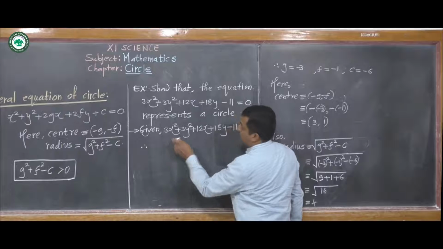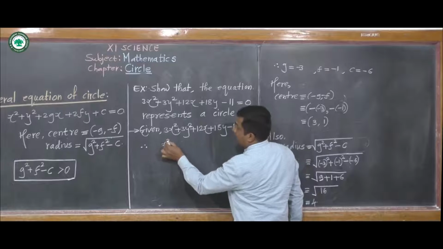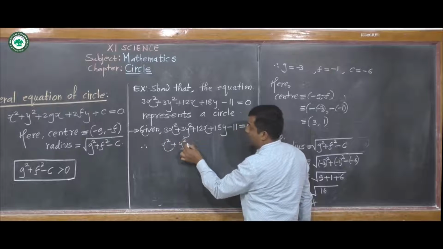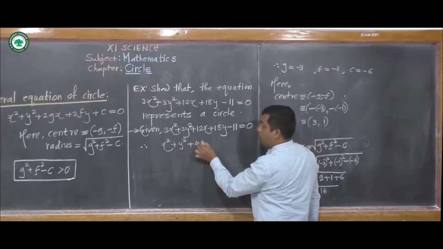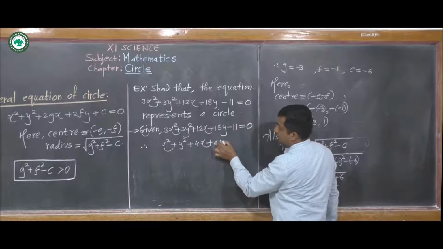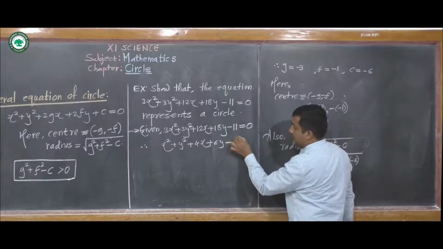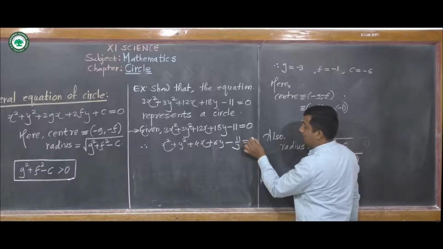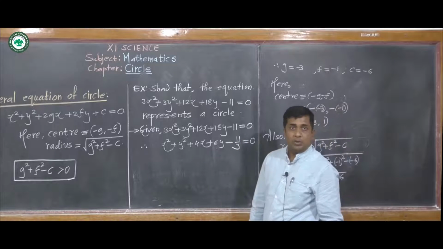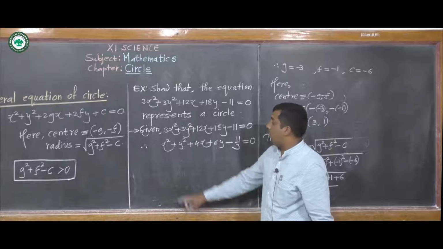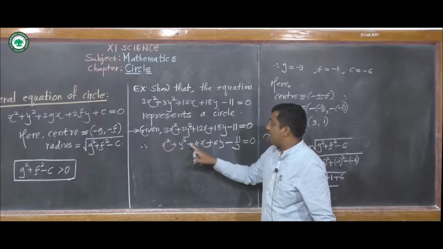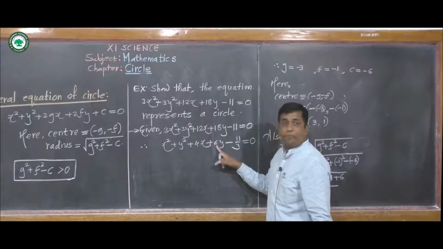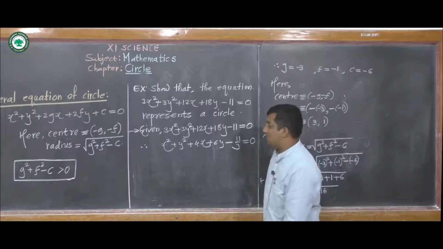If we divide both the sides by 3, we get x square plus y square plus 4x plus 6y minus 11 upon 3 is equal to 0. Now this equation is in the form x square plus y square plus 2gx plus 2fy plus c equal to 0.